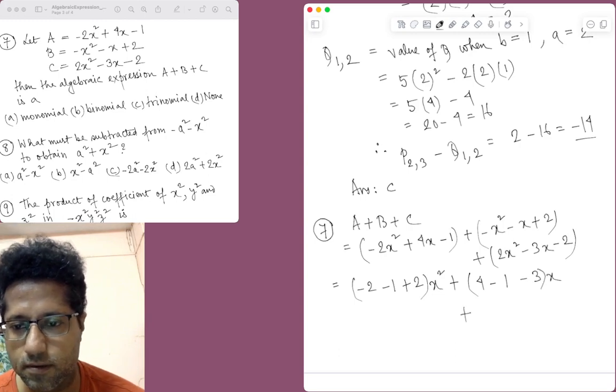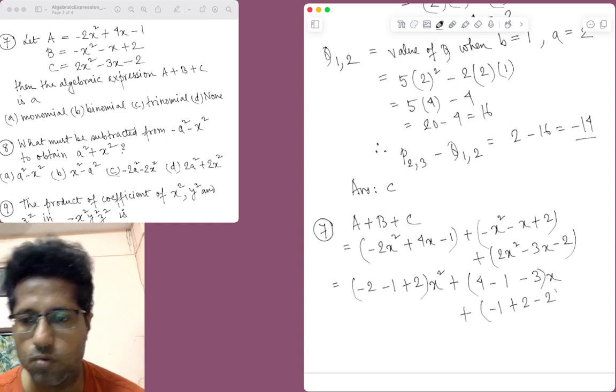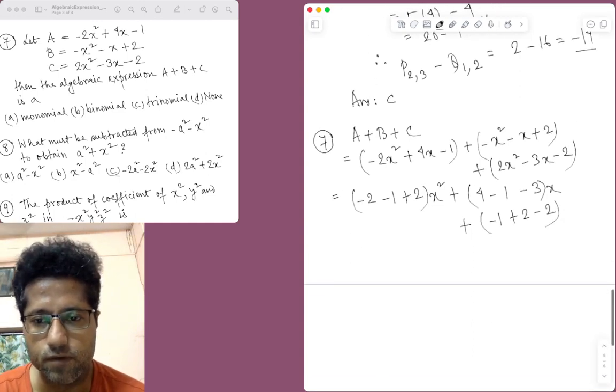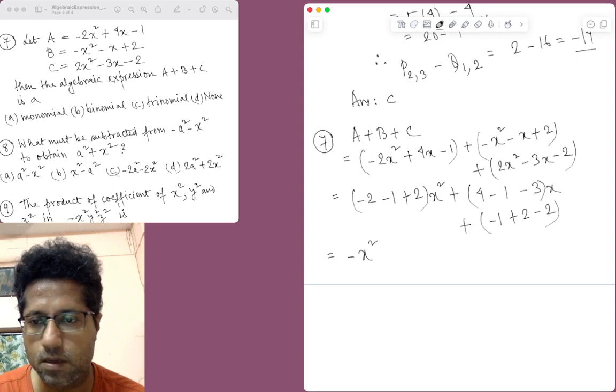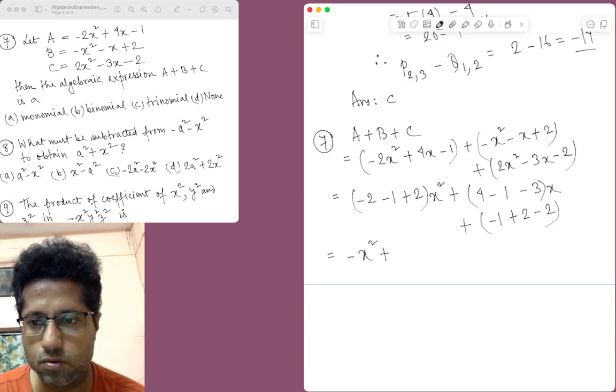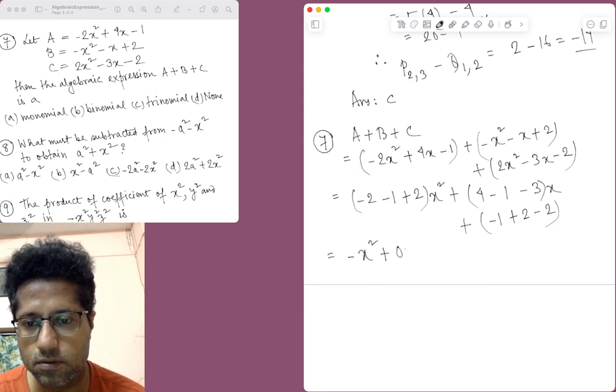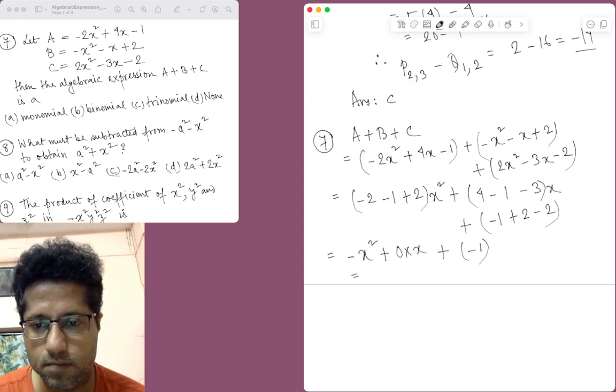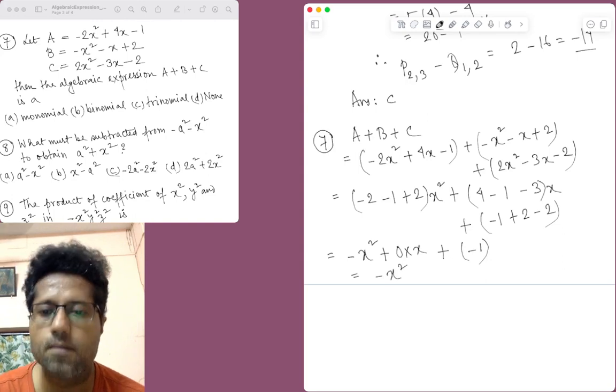For the constant terms we have minus 1 plus 2 minus 2. Now, if we further simplify this, the minus 2 cancels. This is minus 1 x square, this is minus x square, and over here we have 4 minus 4, which is 0. So, x is gone, 0 into x, plus this constant is minus 1. So, this becomes minus x square minus 1.